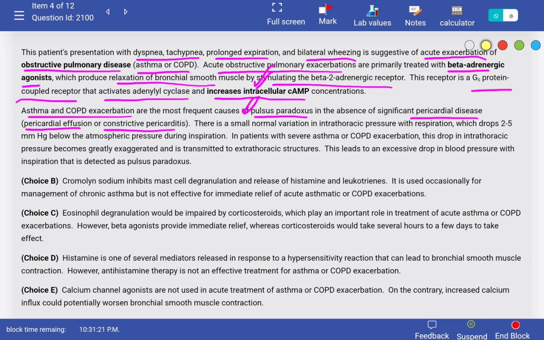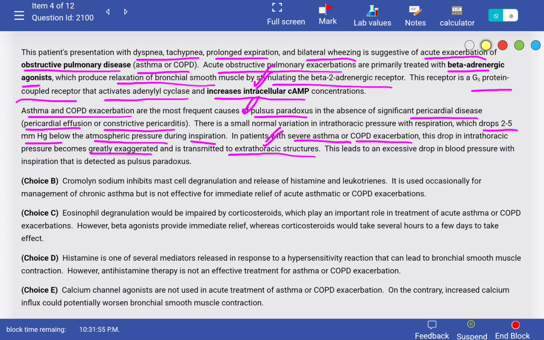There is a small normal variation in intrathoracic pressure with respiration, which drops 2 to 5 mm of mercury below atmospheric pressure during inspiration. In patients with severe asthma or COPD exacerbation, this drop in intrathoracic pressure becomes greatly exaggerated and is transmitted to extrathoracic structures. Just like in cardiac tamponade, the pressure drop is greater than 10 mm of mercury during respiration.